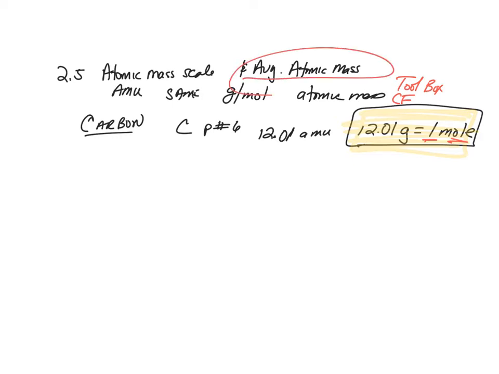Average atomic mass means that there's different carbons. And how did they even come up with the mass of these? Well, carbon is the most abundant organic molecule. Everything's made of carbon. They said, let's make carbon 12.00 atomic mass units.